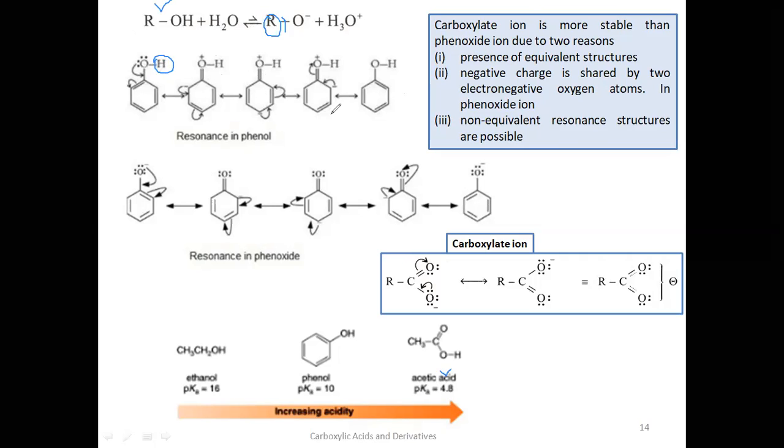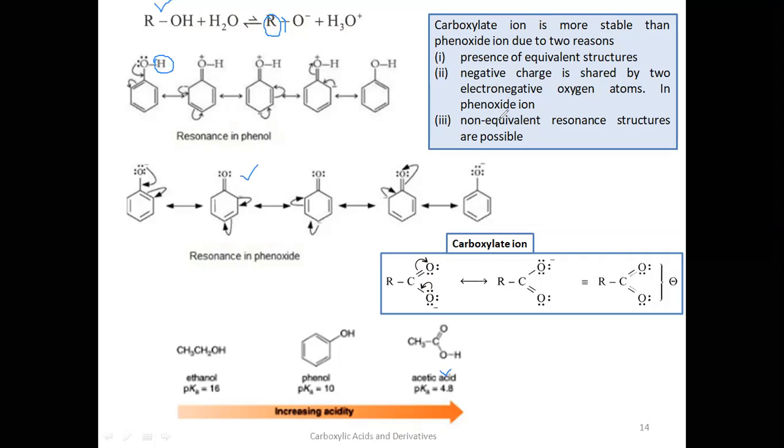It means there is a charge separation. It means they are less stable. In these structures here, only one charge is there, that is a negative charge, and that is distributed among oxygen and carbons. Only one charge is there, therefore this is stable. Therefore phenol tries to exist as the phenoxide by losing a proton. Therefore phenol is a good acid when compared to alcohol.